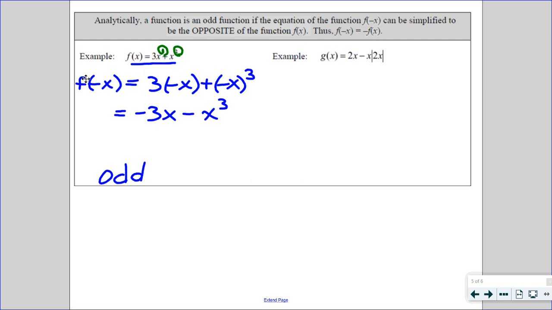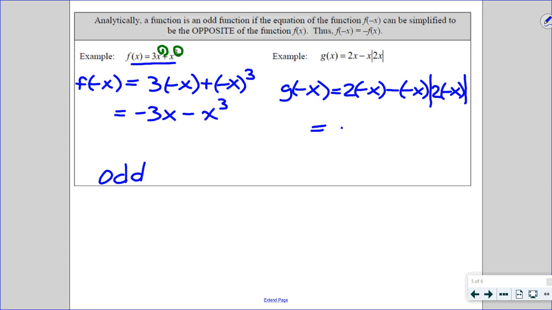Okay, next example, g of x equals 2x minus x times the absolute value of 2x. So again, replace x with negative x. And let's simplify. 2 times negative x is negative 2x. If I'm subtracting a negative x, that'll change to a plus x.